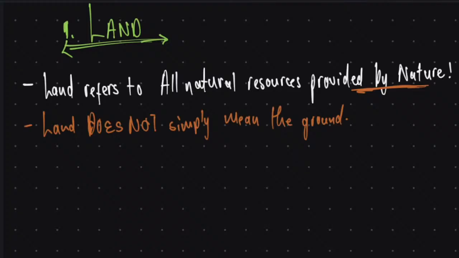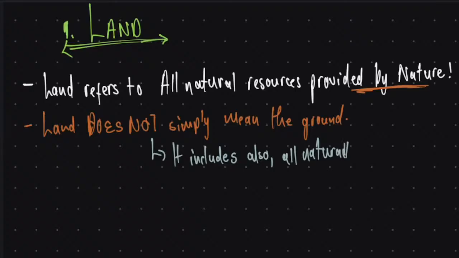So it does not simply mean the ground. It includes all naturally occurring resources used in production.